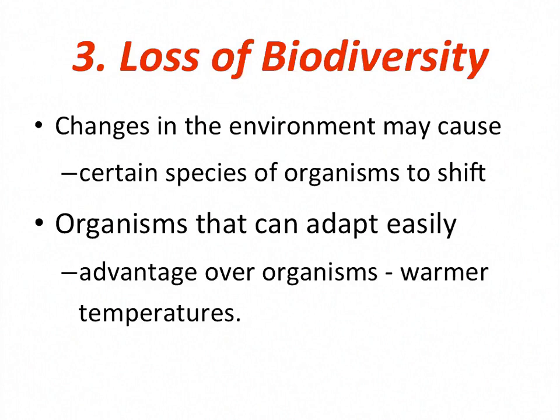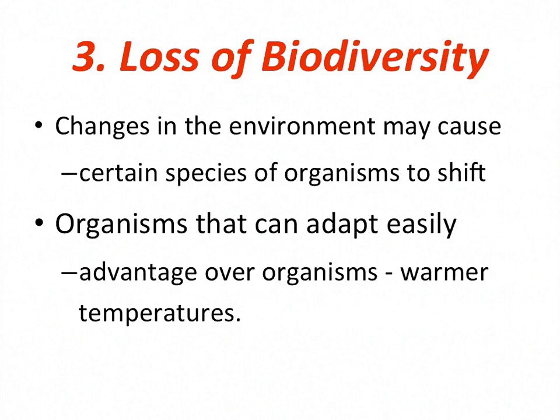Changes in the environment may cause certain species of organisms to shift their base to other places, while a significant number of other species may shift in because of the warmer temperatures or the warmer waters.